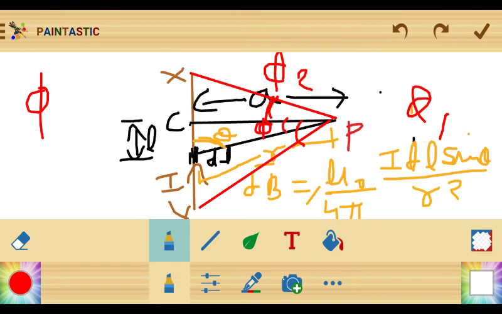That means this is the range of angle we have to cover.